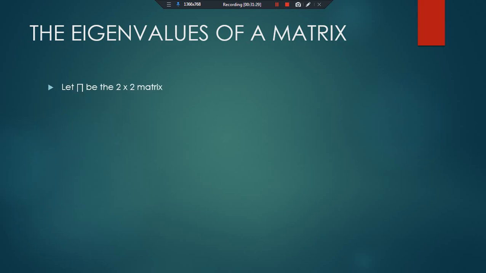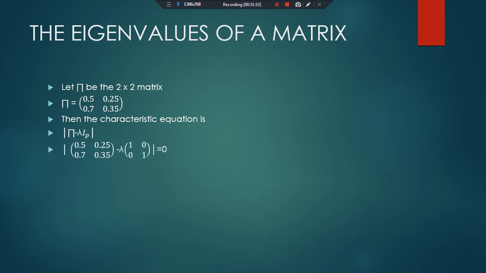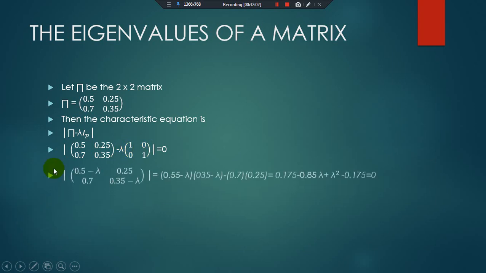Okay, another example. We have pi as a matrix with 2 rows and 2 columns, pi is equal to 0.5, 0.7, 0.25, 0.35. Then the characteristic equation, we know, is the determinant of pi minus lambda I_P, where we multiply the identity matrix by lambda and subtract it from pi.